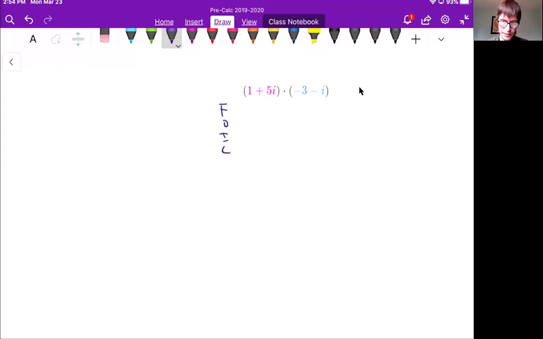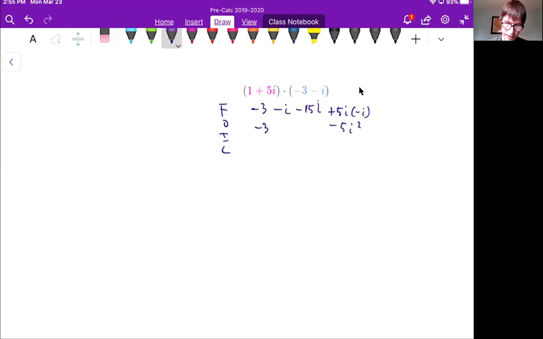First, that'd be 1 times -3, which is -3. The outers, 1 times -i, would be minus i. The inners would be plus 5i times -3, so that'd be minus 15i. And the lasts would be plus 5i times -i, which, as you might imagine, would be minus 5i squared.